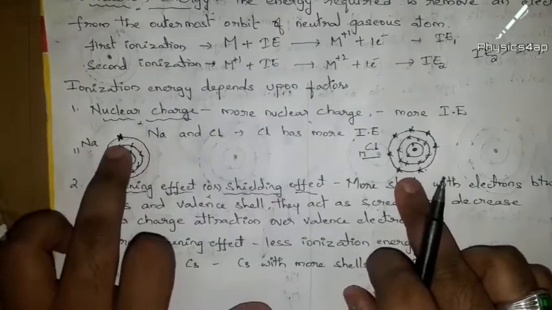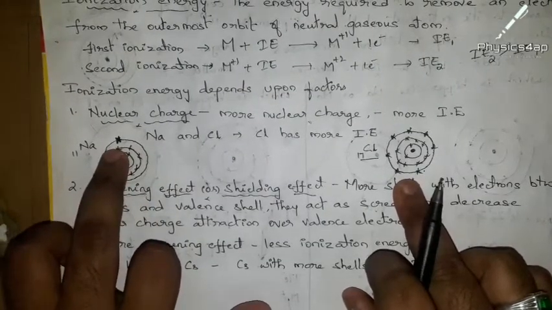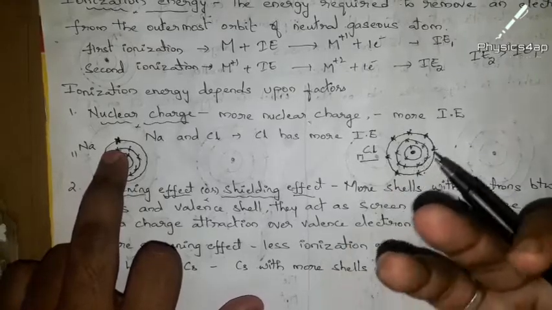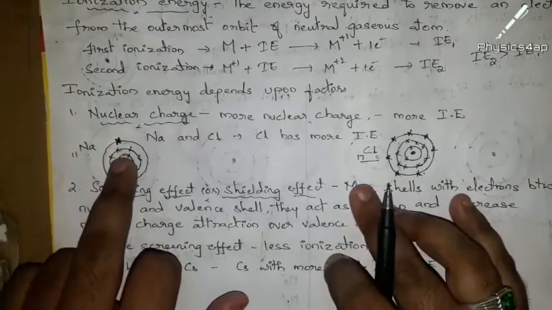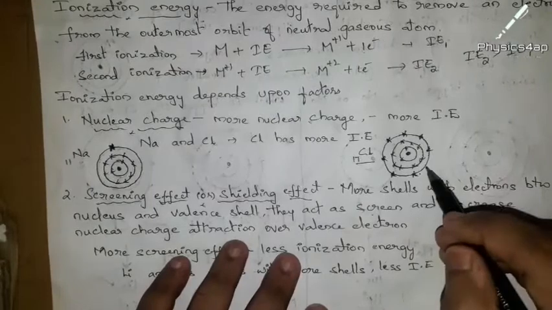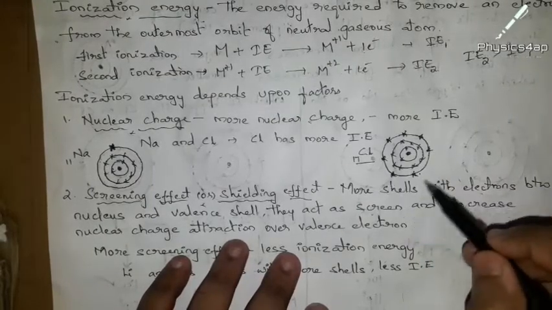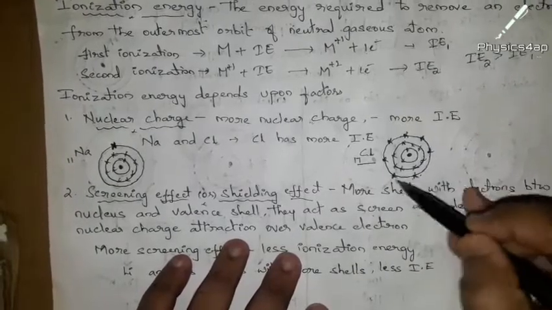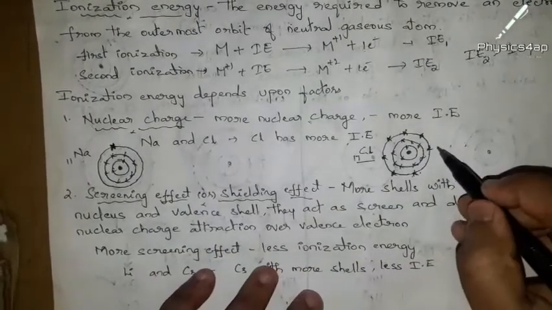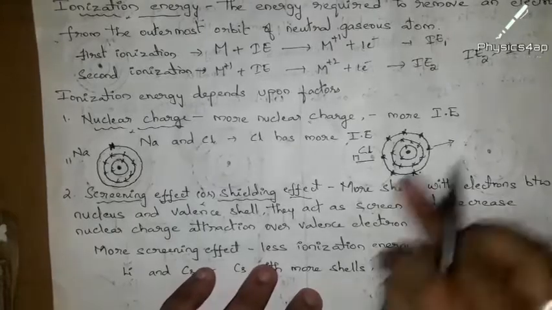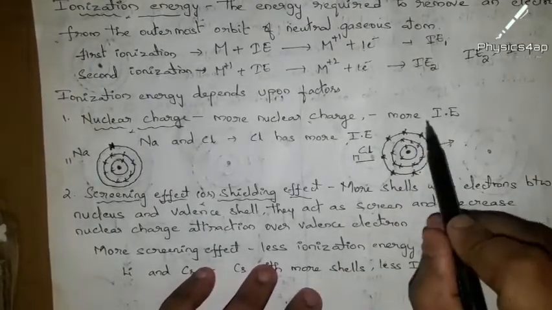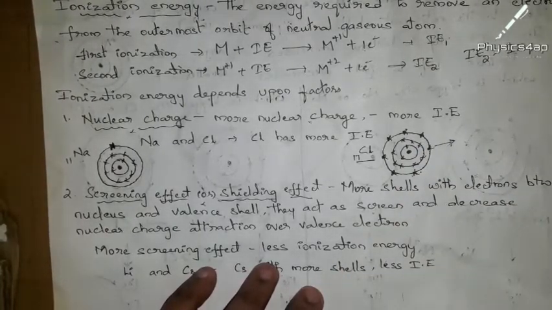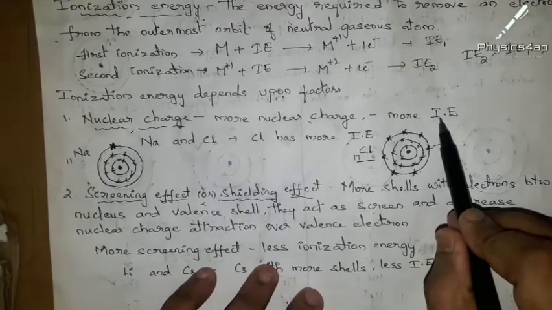electron from it. But when you compare it to chlorine, in the outermost orbit we have 1, 2, 3, 4, 5, 6, 7 electrons. Now, to remove an electron from a chlorine atom, we need more ionization energy. Why do we require more ionization energy? Because the remaining 6 electrons are combined with the 7th electron.